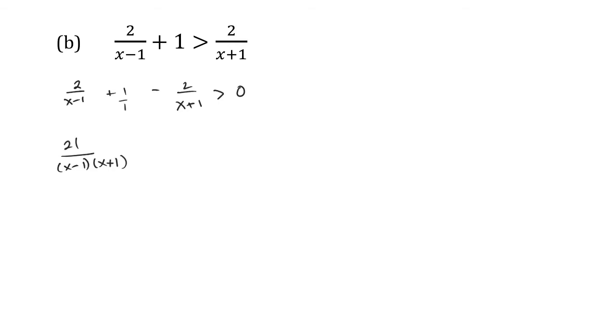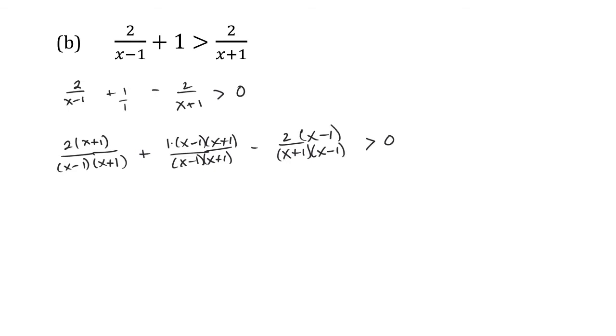The first one has the x minus 1, so it needs to get multiplied by x plus 1 over x plus 1. The 1 needs to get multiplied by the common denominator in both the numerator and denominator. And the 2 over x plus 1 just needs the x minus 1 in the numerator and denominator. Then that's all greater than 0.